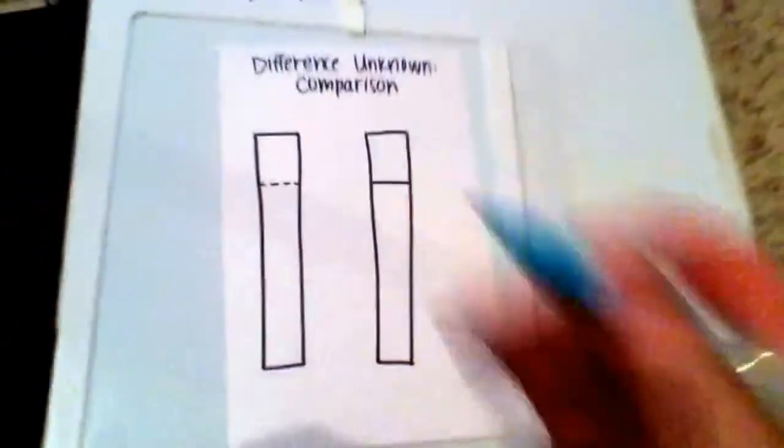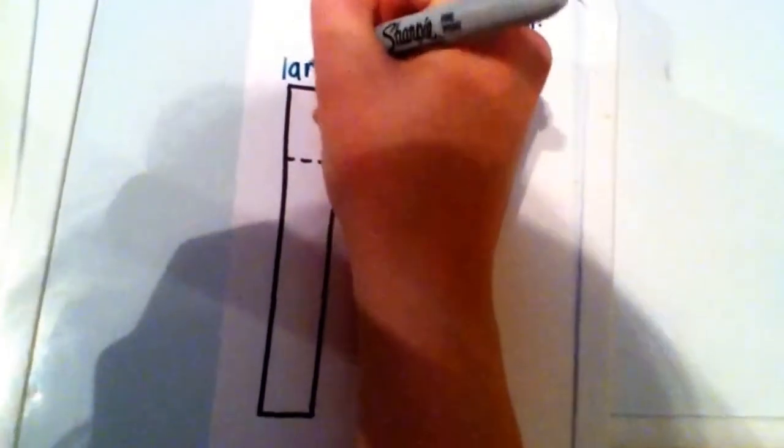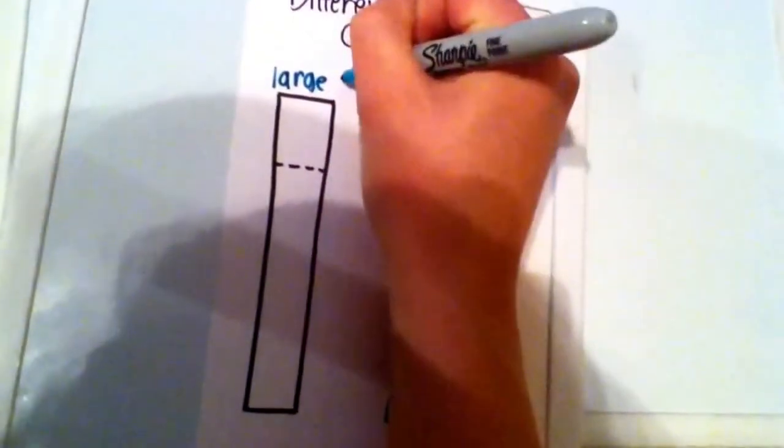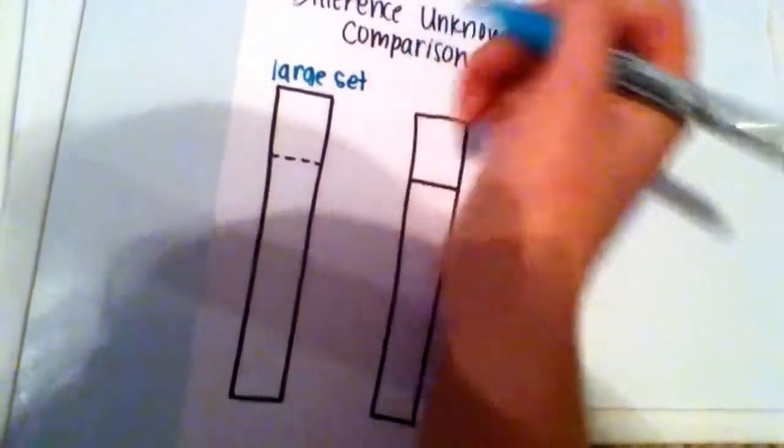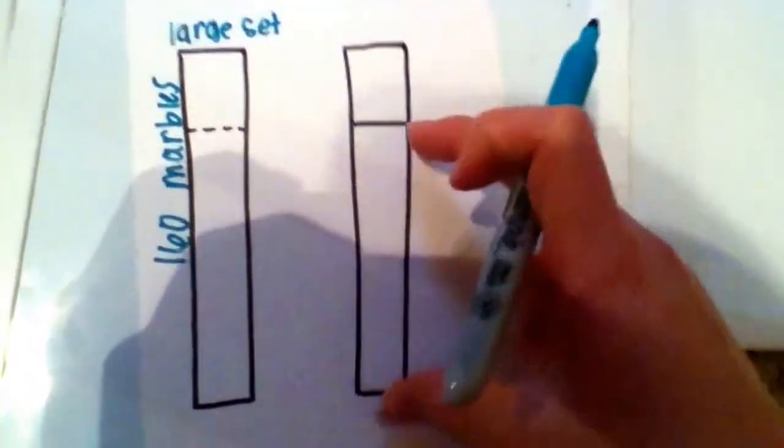So we're going to label this the large set right up top, because this is going to represent the 160 total marbles. All of this. And now we're going to label this section right here the small set, because this is going to represent the 83 marbles that William put in.